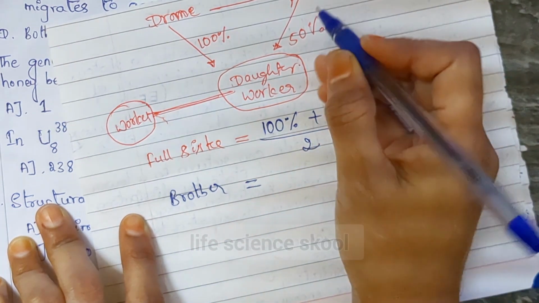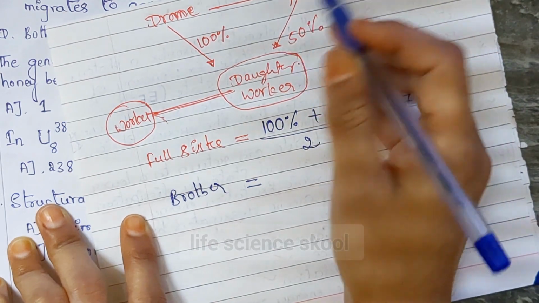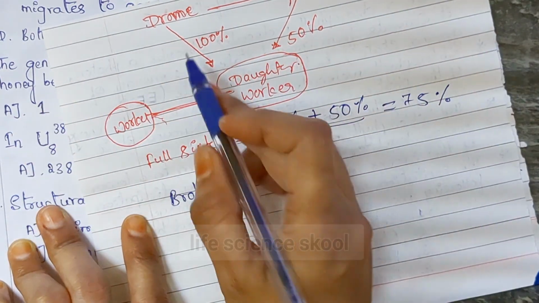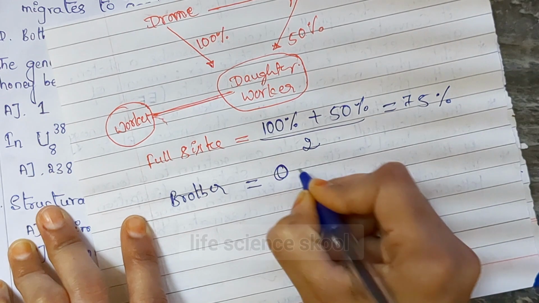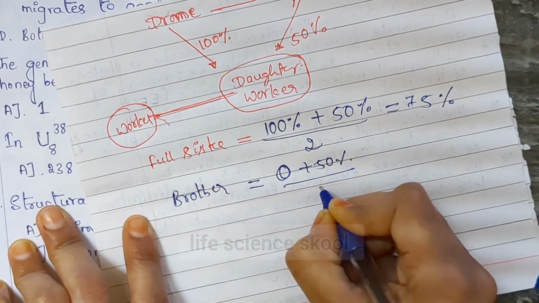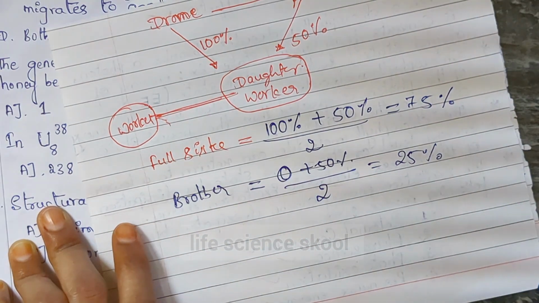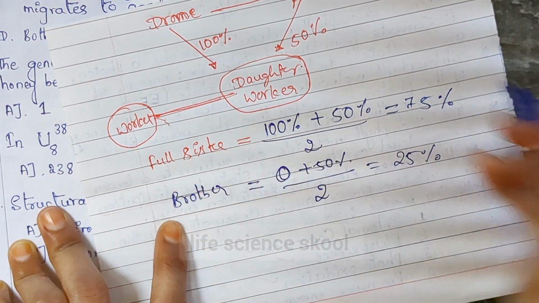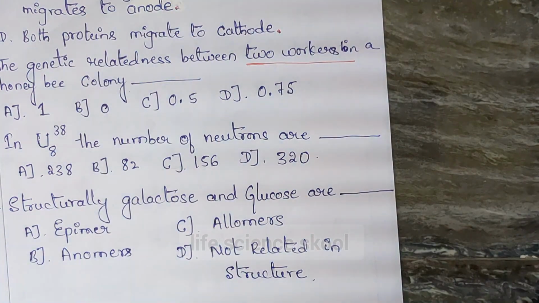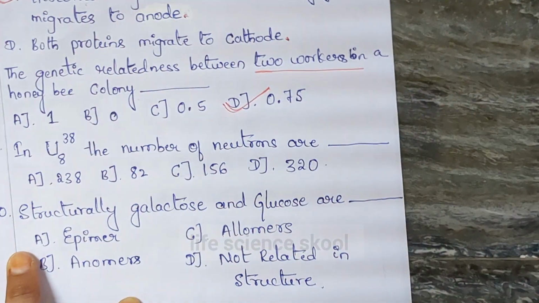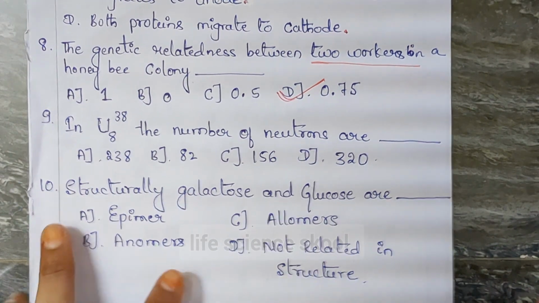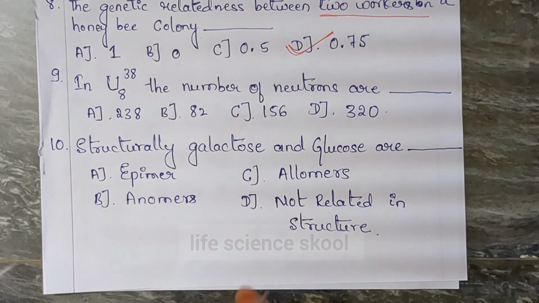So that is 0 plus 50% divided by 2, so 25%. But here they are saying about the two workers, so the correct answer for this is 75%, that is 0.75. Now, moving on to the next question.